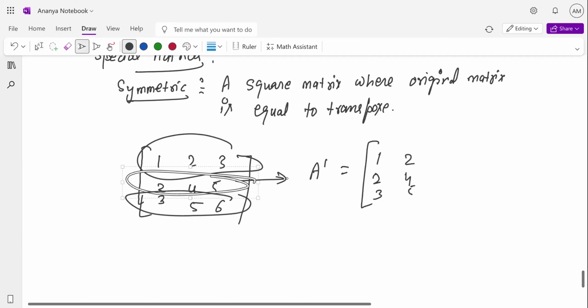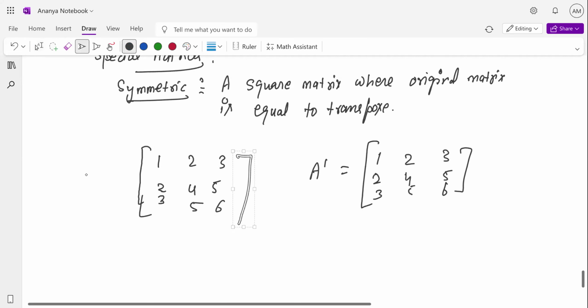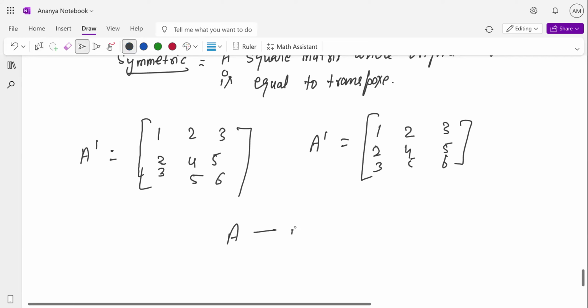Reverse it: 3, 5, 6. Right? If you see carefully, I have all the same things. Both are the same matrix. So I can say my A is symmetric in nature. Understood? Yes, sir. Any doubt you have here? No, sir. Clear. Okay.